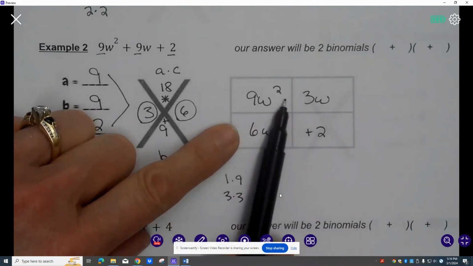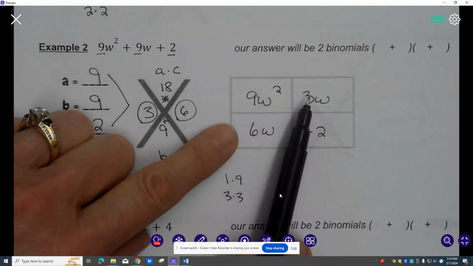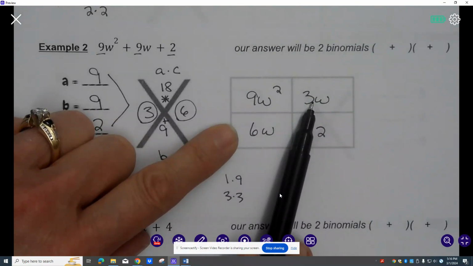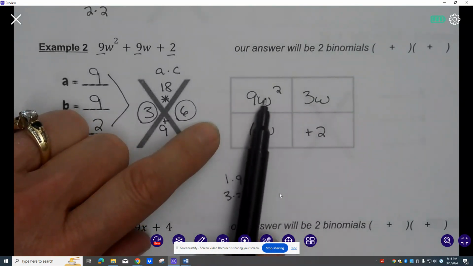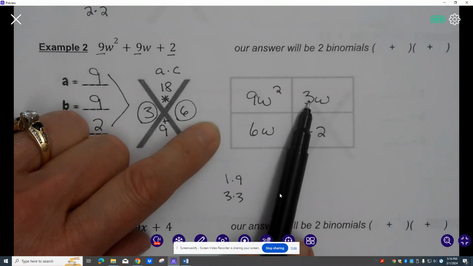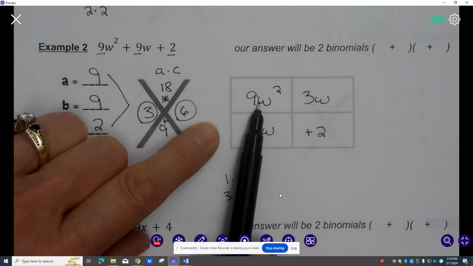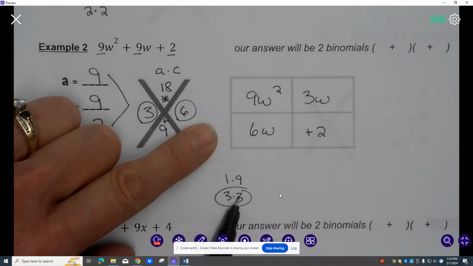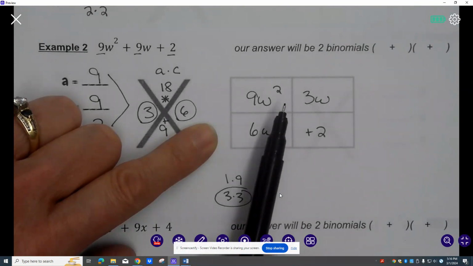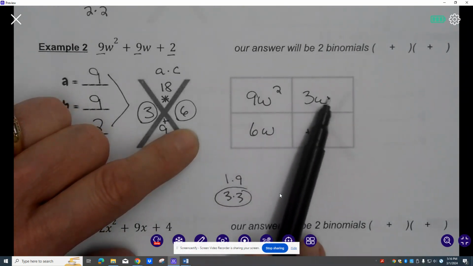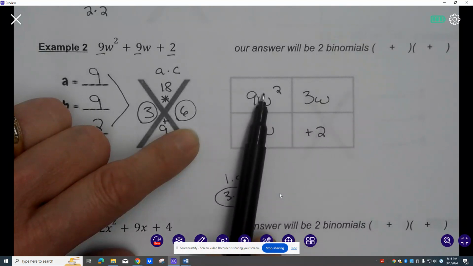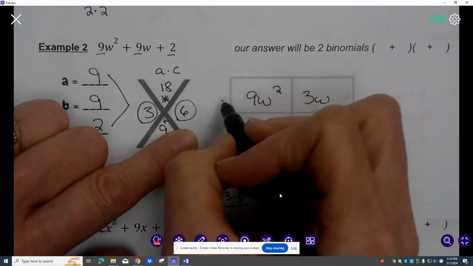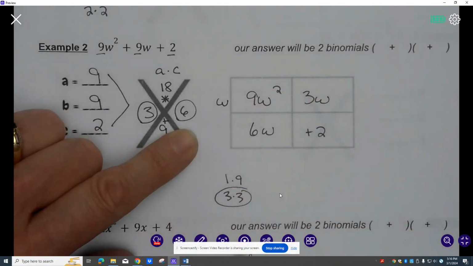But if I look across this row, I see a 3 here. So the common factor across this row is 3. 3 divides into 3 and 3 divides into 9. So that tells me I'm going to use 3 times 3 to get to my 9. Also remember, if everything in this row has a W, both of these boxes have a W, then I'll have a W out front here.